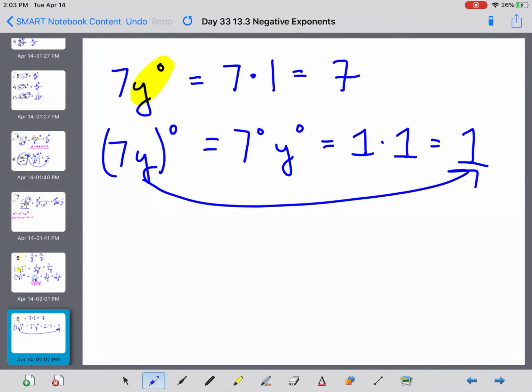Now, let's take a look at just a couple more, and then that will be it for today. What if it was -7 times y to the 0 power? So this would be -7 times 1, because notice y to the 0 is equal to 1, so negative 7 times 1 would give me negative 7.